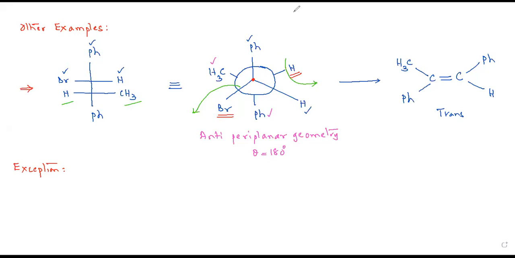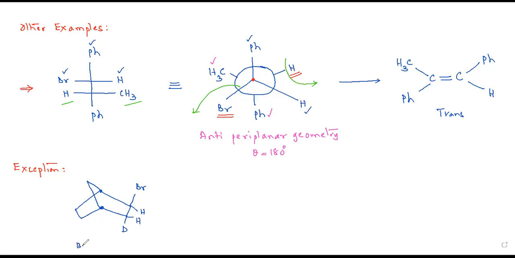Consider a bridged compound. A rigid one. These are the bridge heads. In case of bicyclic, which is a rigid structure, we follow syn periplanar geometry, syn coplanar, you can say, with an angle of 0 degrees.